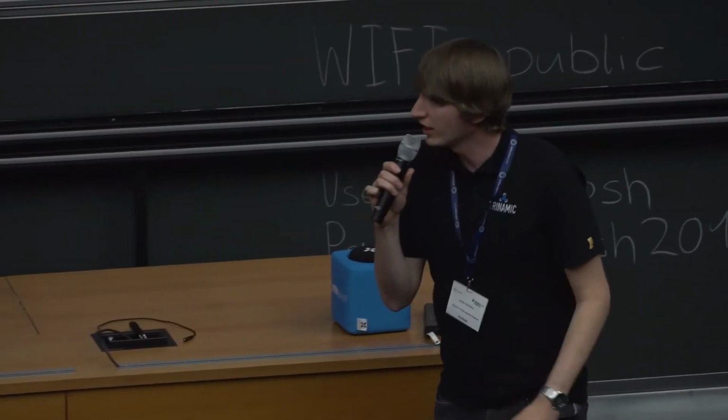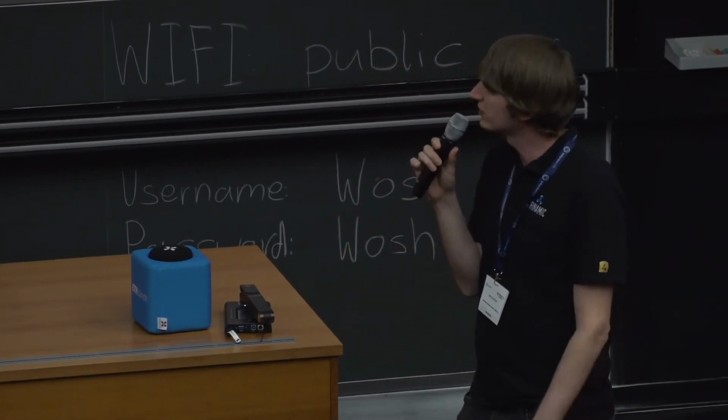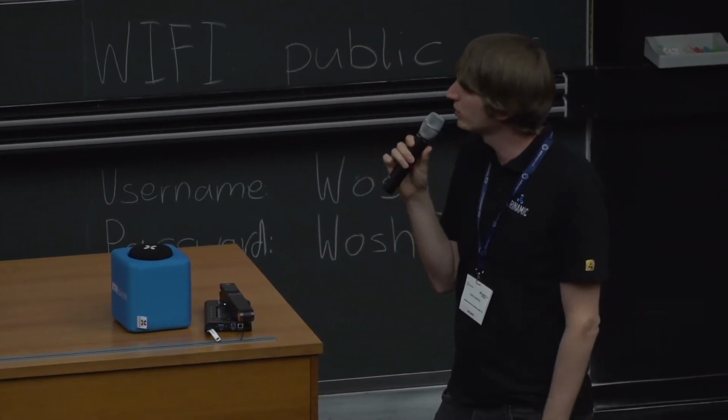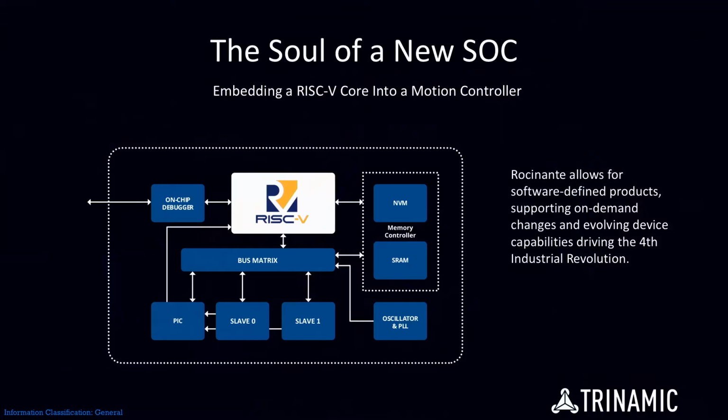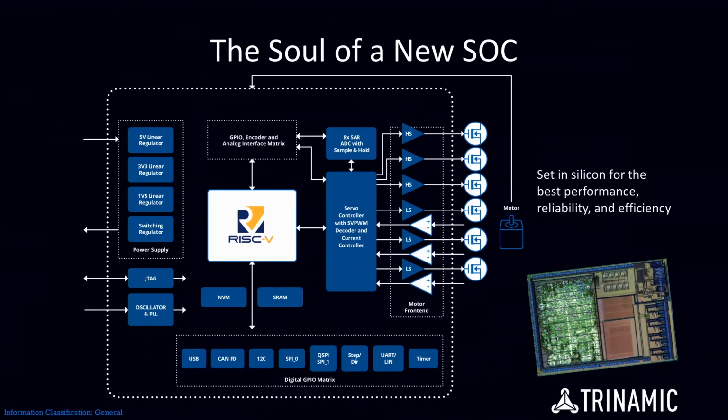Hi, I'm Onno. I'm with Trinamic, and we developed a RISC-V-based motor controller, or a motor controller with an integrated RISC-V processor. Here you see the RISC-V processor system, and this is a block diagram of the complete design. We have the processor and a very sophisticated servo controller integrated.